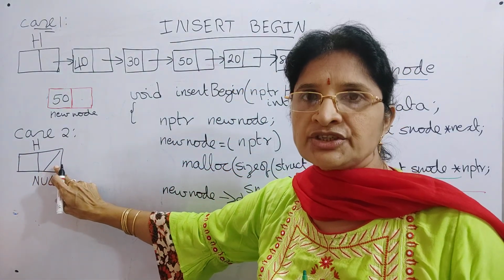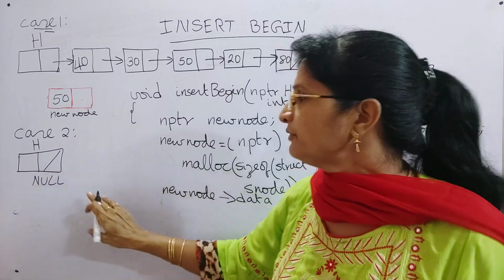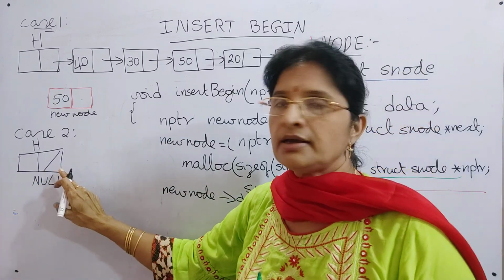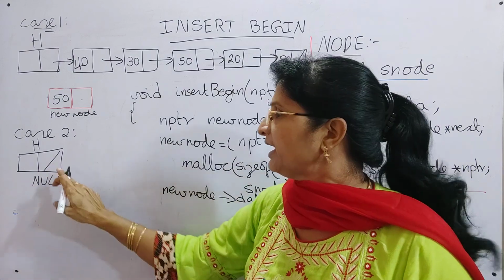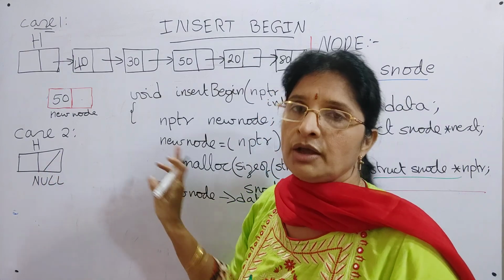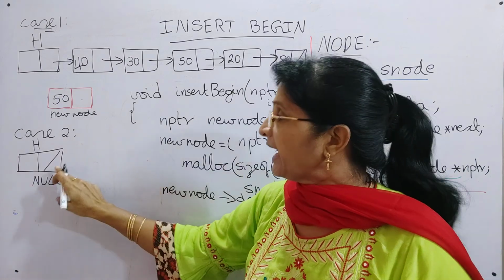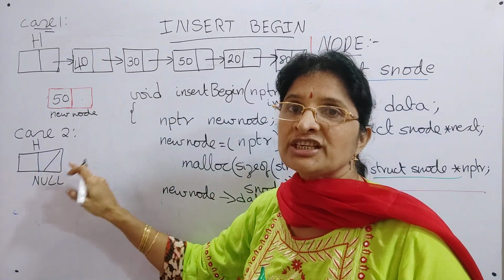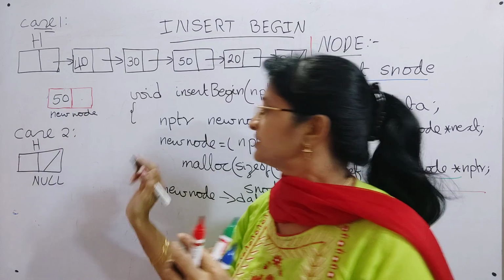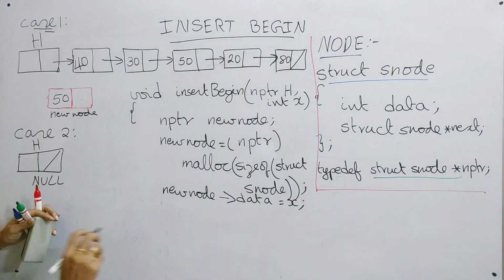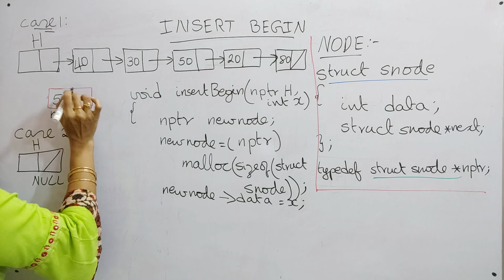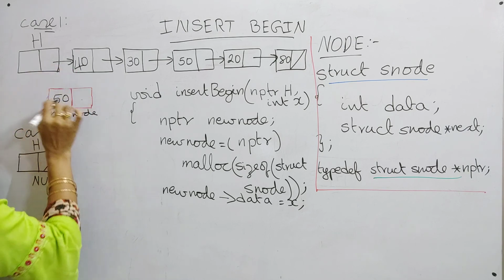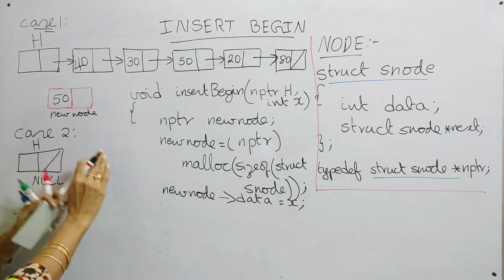Suppose the list is empty, then what will you do? You can assign this h next to your new node, and this h next value must be assigned to new node next. See how it will be done. First of all, you have to modify the links now.